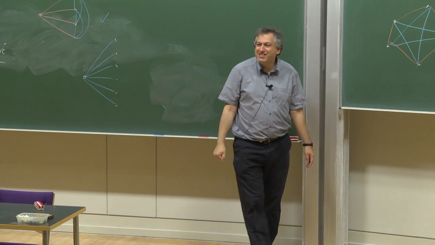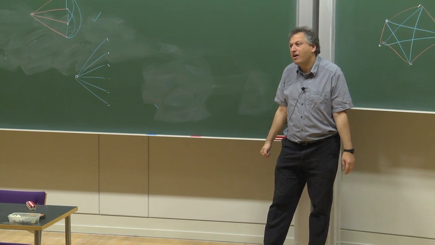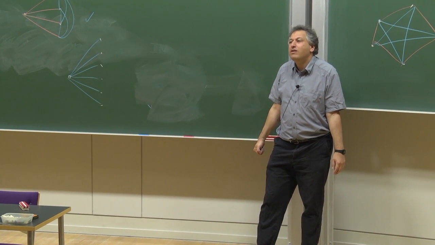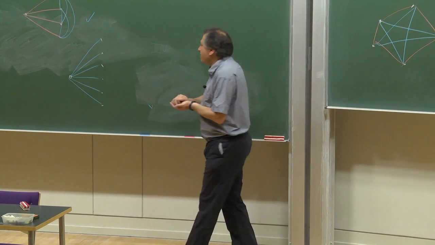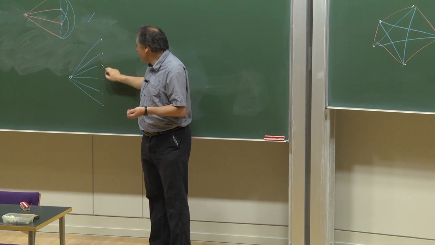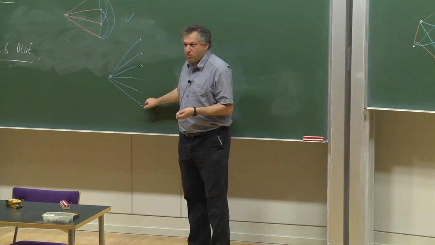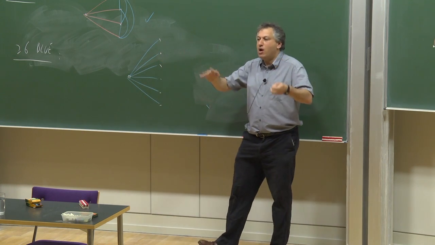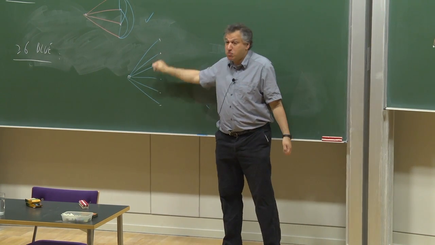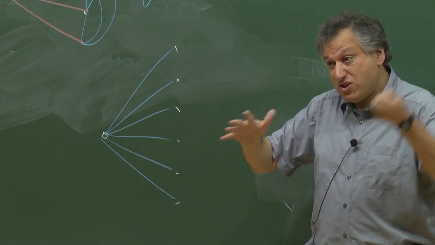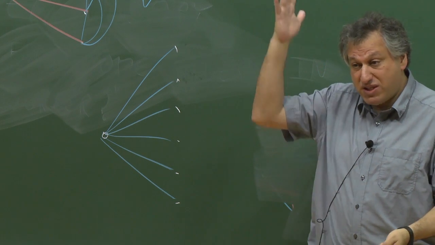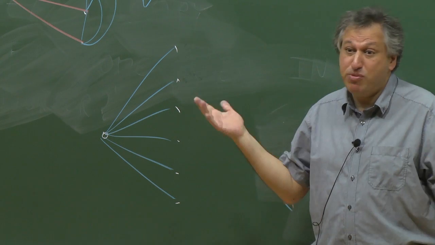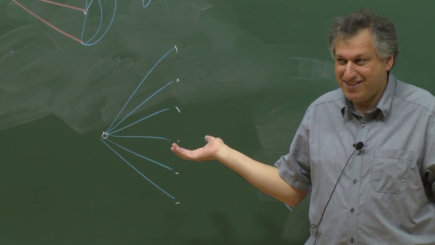So can anyone see what we should say now? Okay, let me do it like this. Think about those 6 points. Forget this one, just focus on those 6 points. What do we know we always get among 6 points? Our previous theorem says whenever you have 6 points, you always have a red or blue triangle, right?